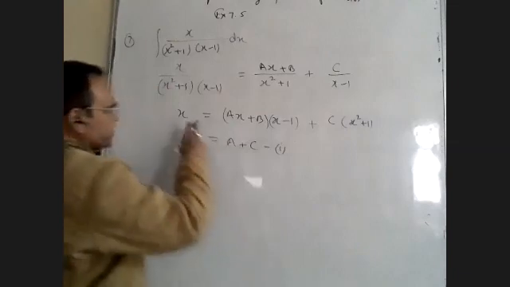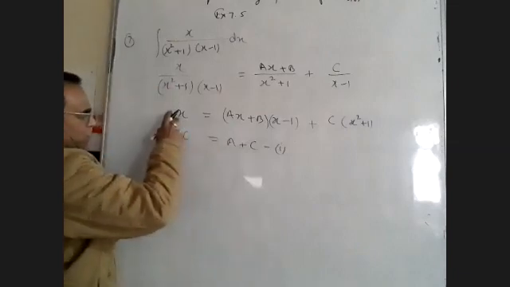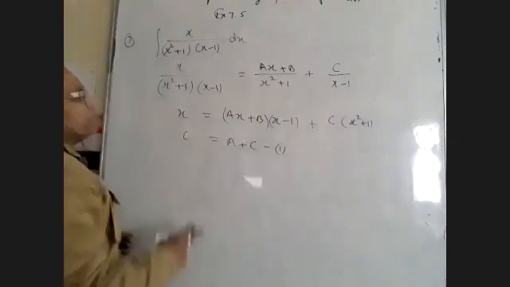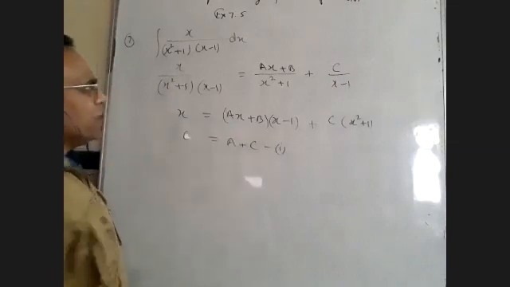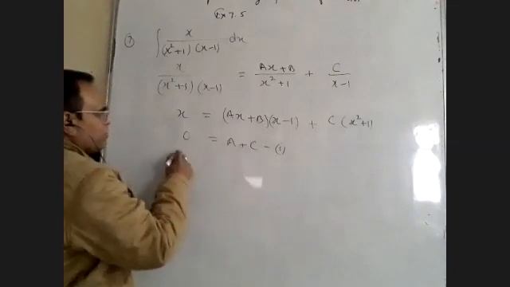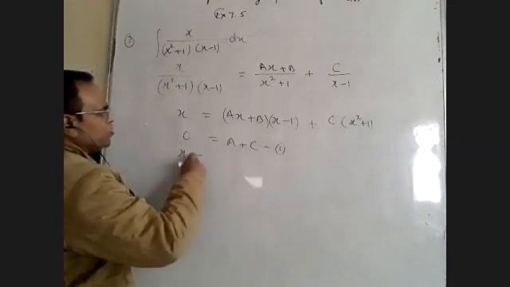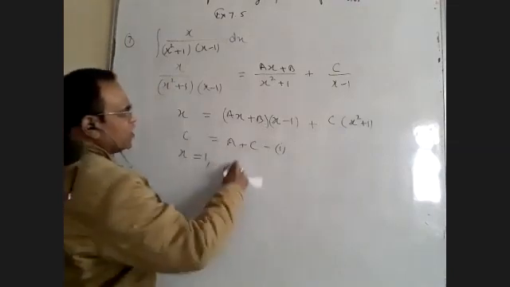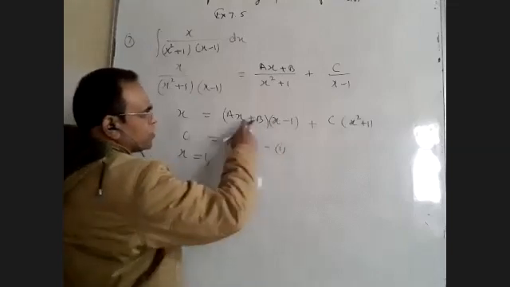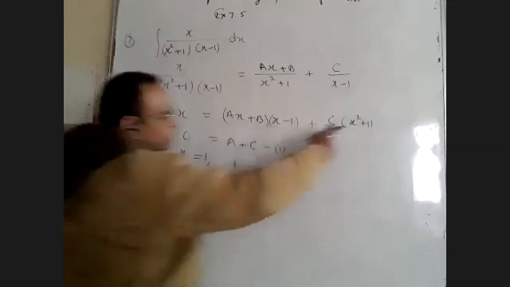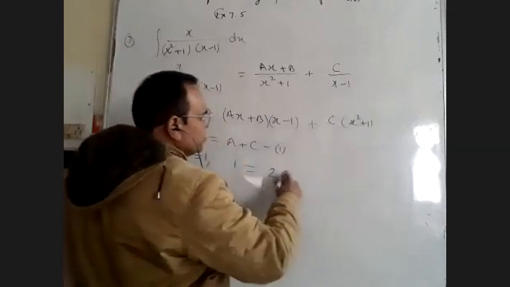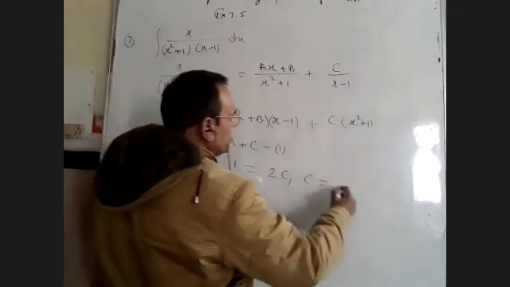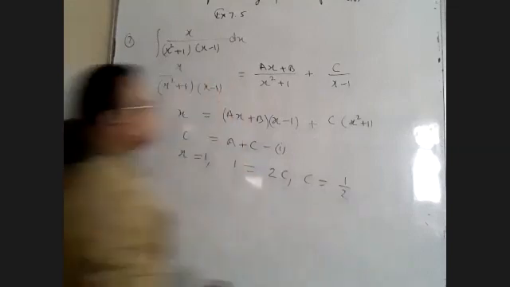After that just see, if you put the value of x is equal to 1, putting x is equal to 1, you will get in left hand side only 1, in right hand side this term will become 0, and in place of x is equal to 1 you will get 2c. You get the value of c 1 upon 2. Okay.